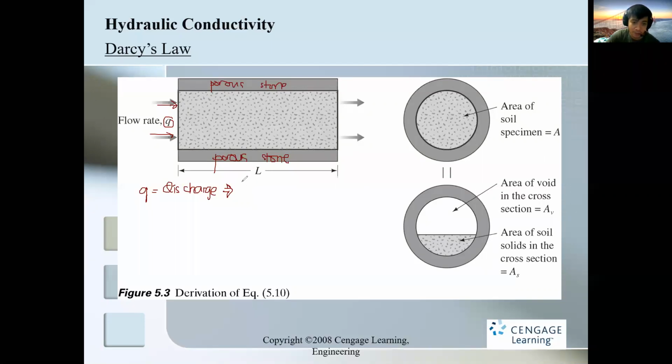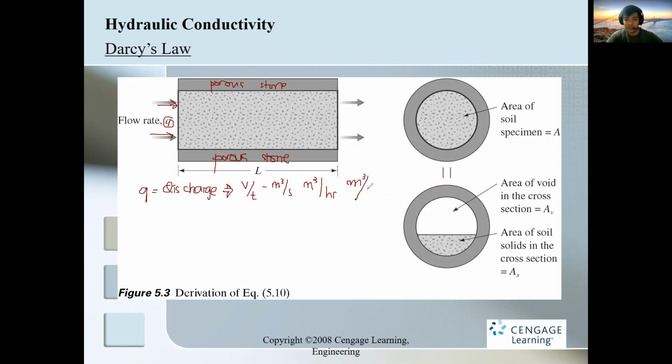And it's usually volume over time in its formula. The units can be, let's say, cubic meter per second, or cubic meter per hour, or cm cube per second.